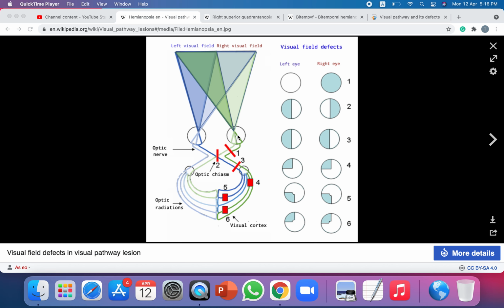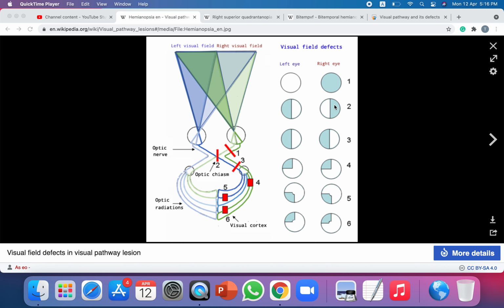So in a nutshell, temporal fibers of both eyes do not cross, and nasal fibers of both eyes cross in the central part of the optic chiasma, so a lesion in the central part of the optic chiasma will cause loss of the temporal field of vision on both sides. This is called bitemporal hemianopia, because the nasal fibers on both sides are cut and they represent the temporal field of vision.